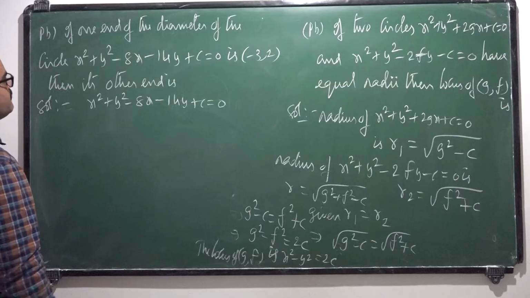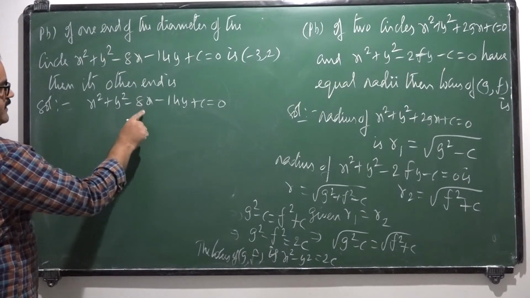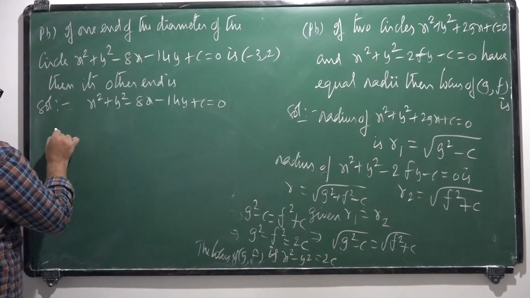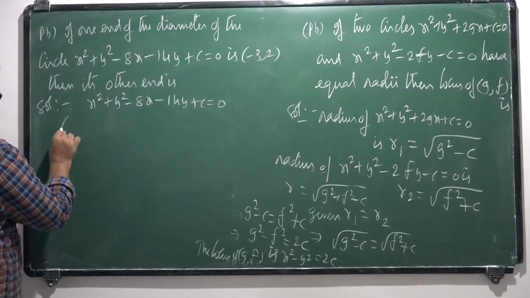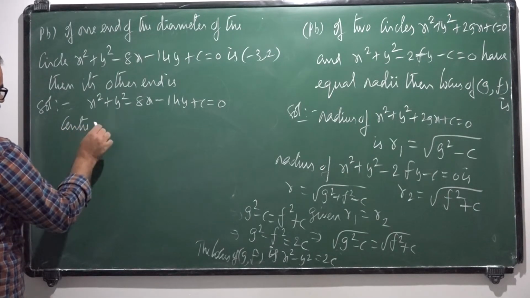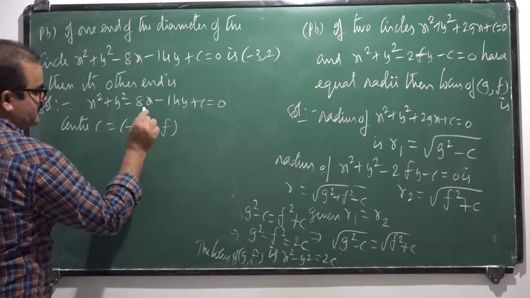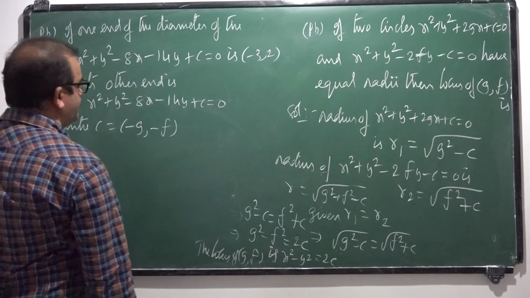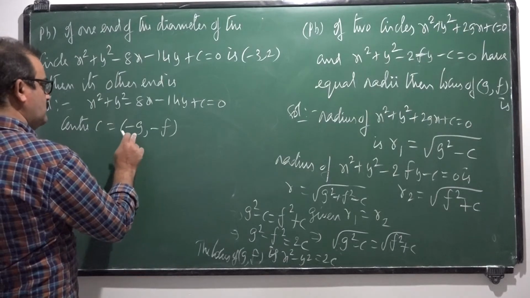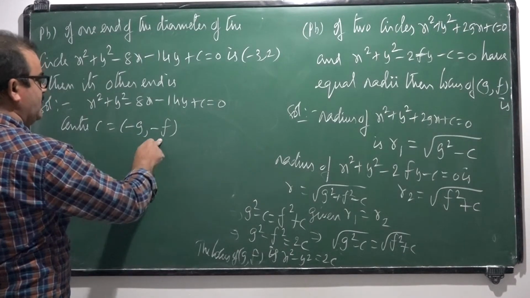To this given circle, first we find the center. What is the center of any circle? Minus g, minus f. How to get g value and f value?